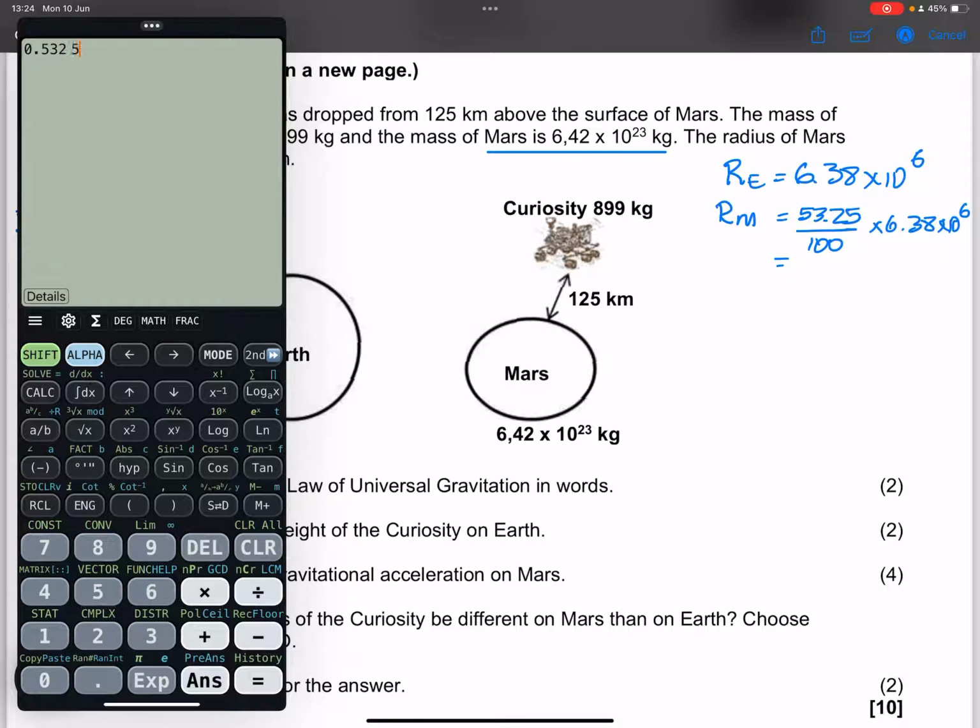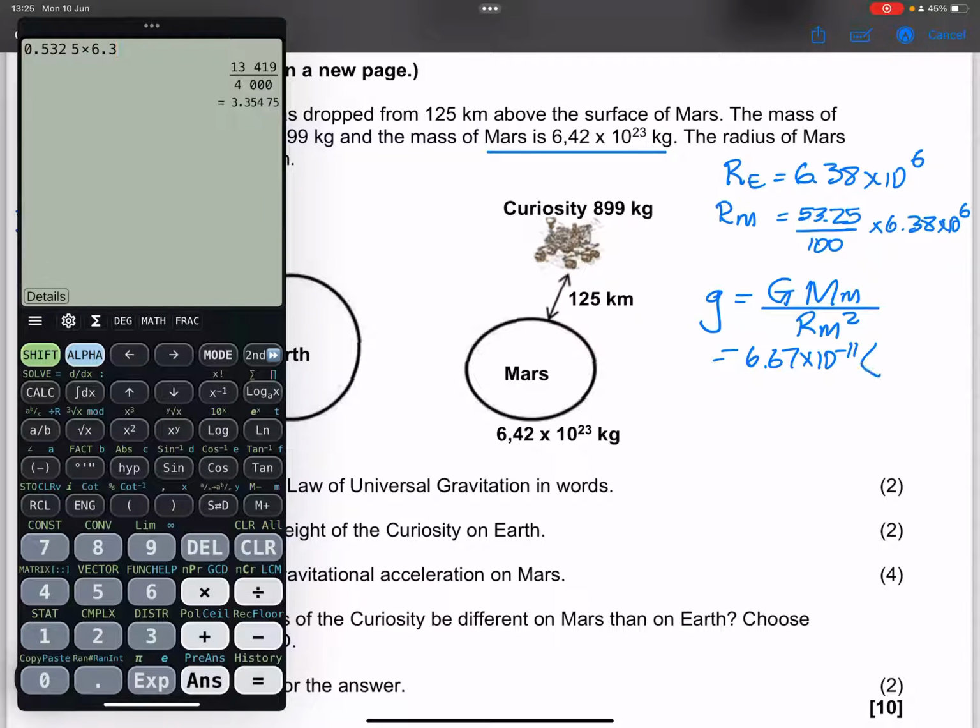That's 0.5325 times 6.38. In fact, let's leave it exactly like that. So if I wanted gravitational acceleration, g is equal to the universal gravitational constant times the mass of Mars, divided by the radius of Mars. Remember, we square that. The universal gravitational constant is 6.67 times 10 to the minus 11.